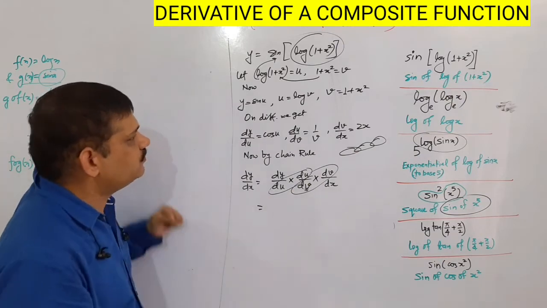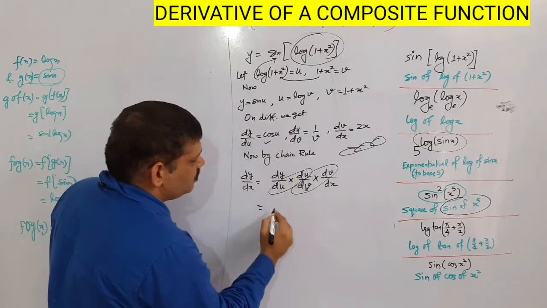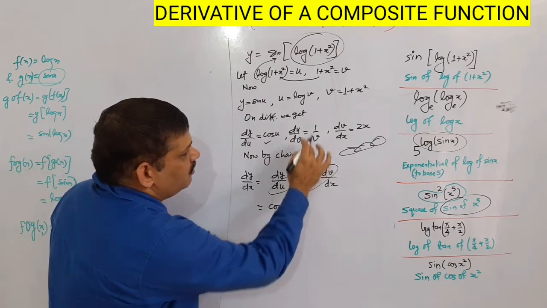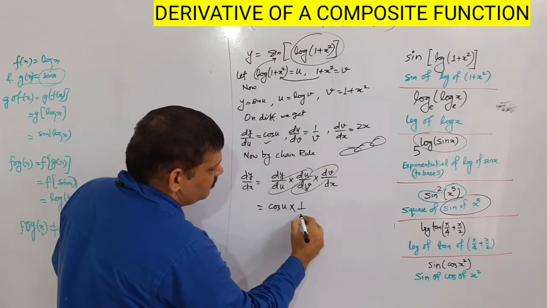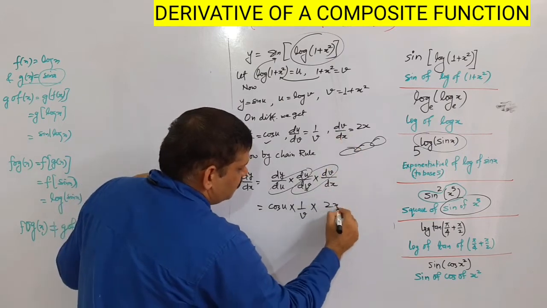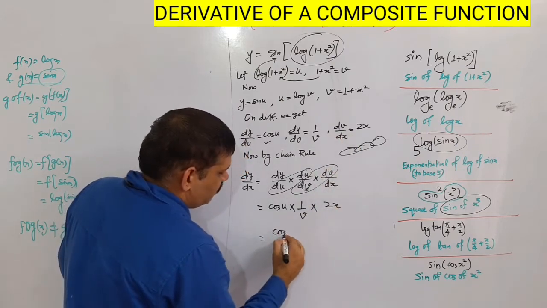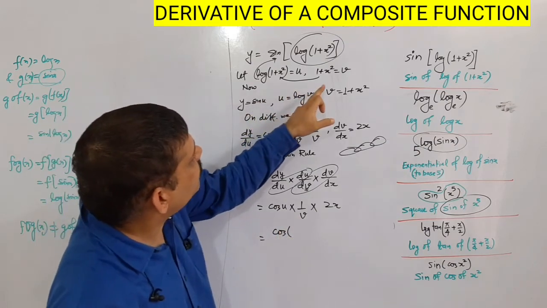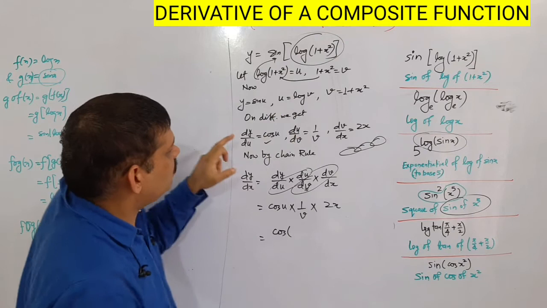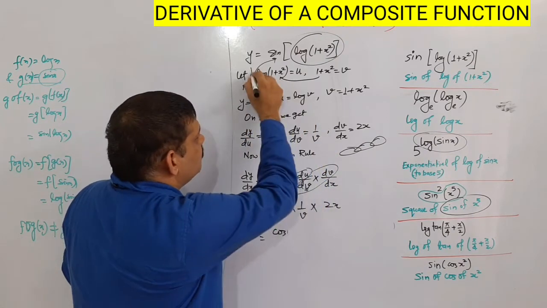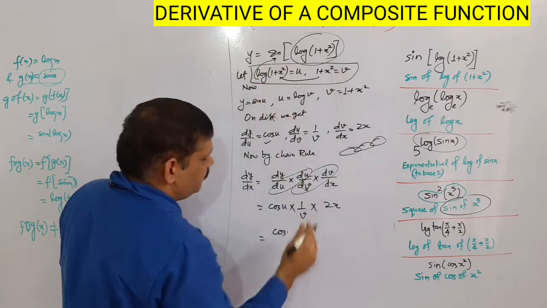Now dy by du. dy by du is cos u. du by dv, derivative of u with respect to v is 1 upon v, and the derivative of v with respect to x is 2x. So cos of the value of u here is log of 1 plus x square. From this we will put the values of u and v.